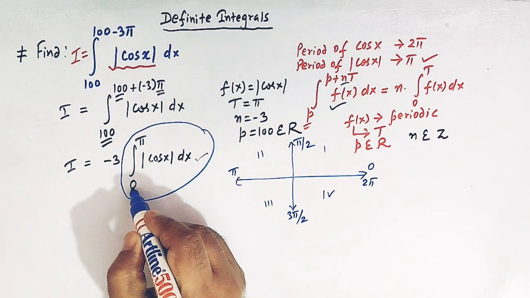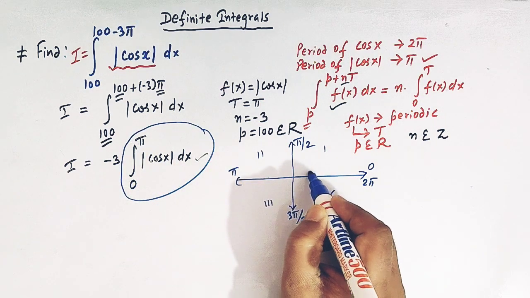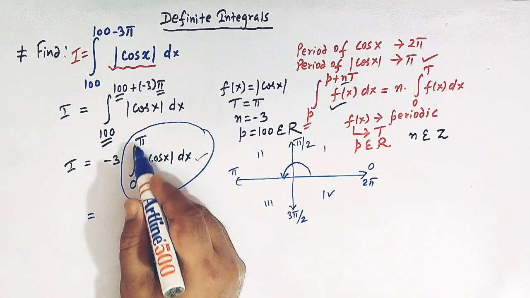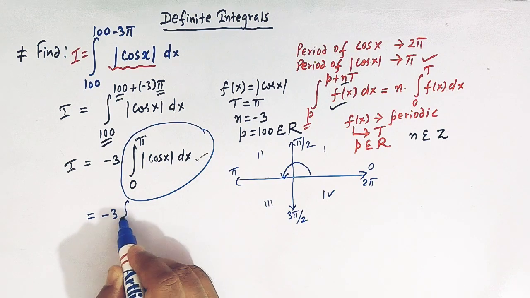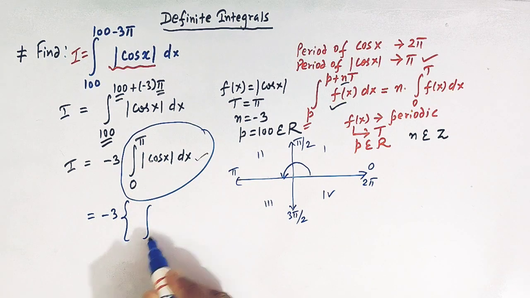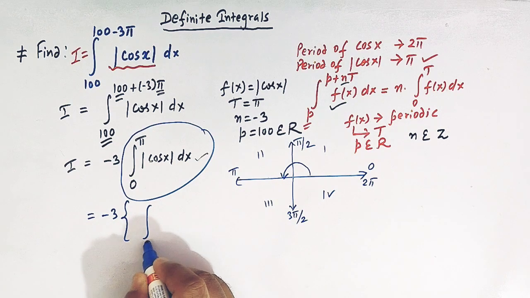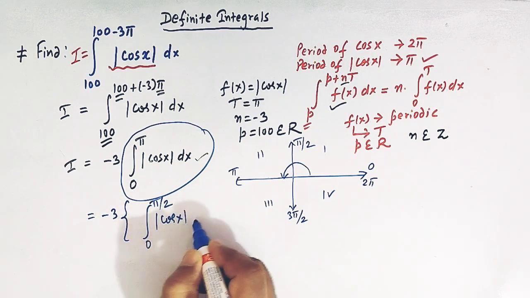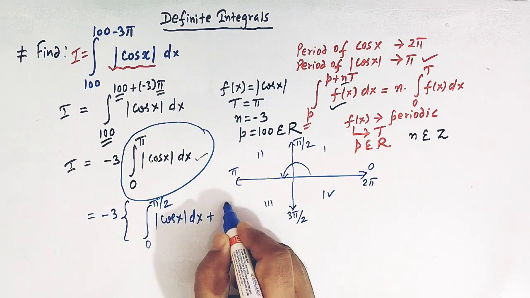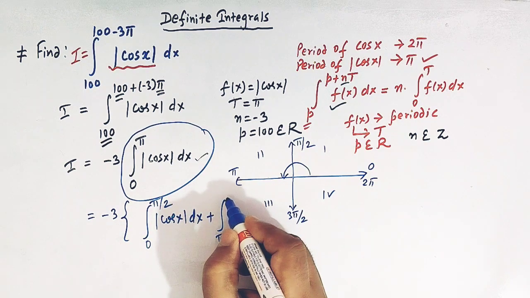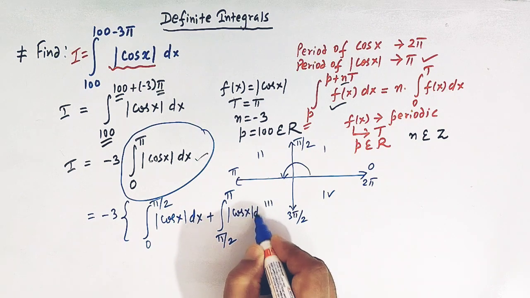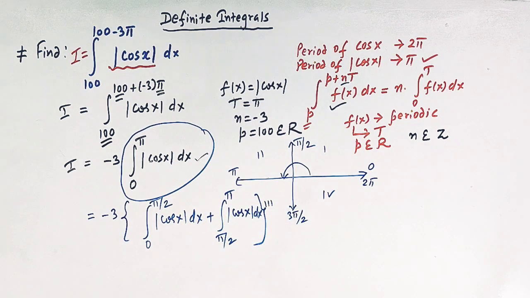So we have to go from 0 to pi. We will break this limit, that is, we'll write this integral as a sum of two integrals: from 0 to pi by 2 of mod of cos x dx, plus from pi by 2 to pi of mod of cos x dx.